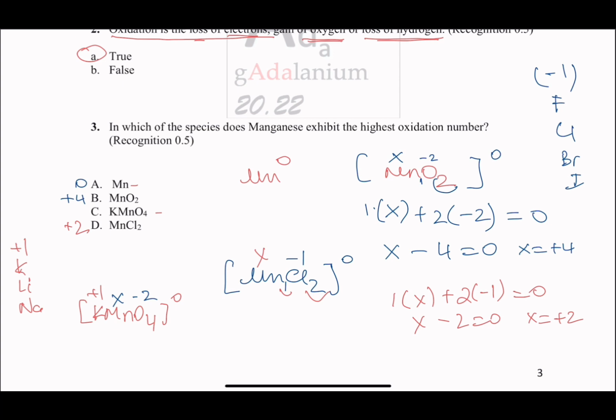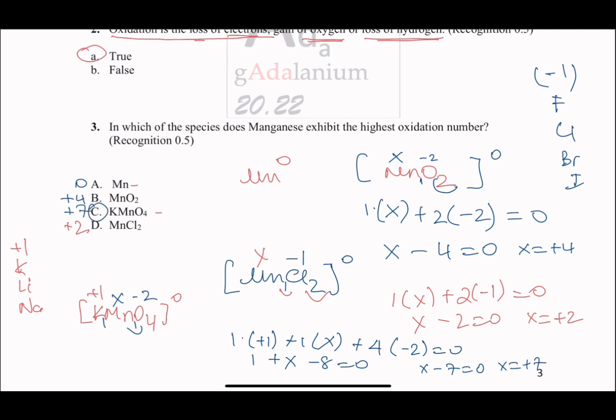So let's do the math. 1 of potassium, 1 of manganese: 1 times +1 plus 1 times x plus 4 times -2 is 0. And then 1 plus x minus 8 is 0, and then x minus 7 is 0. x is plus 7. So because this guy is plus 7, this is going to be our choice.